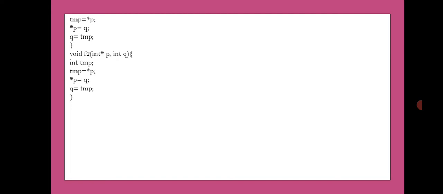So now let's guess. We know that the values we initialized are a equal to 3 and b equal to 3. So the output of this program is: a) 5 5 5 5, b) 3 5 3 5, c) 5 3 5 3, and d) 3 3 3 3.